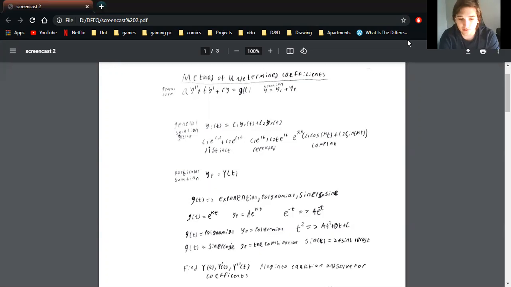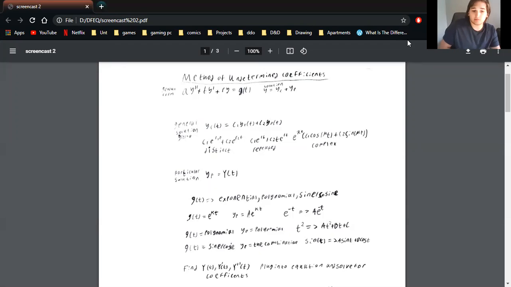If you have an exponential of the form e to the power of kt, you would get yp equals ae to the power of kt. For example, if you have e to the power of negative t, you get ae to the power of negative t. If your g of t is a polynomial, your yp will be the general form of a polynomial. For example, if you have t squared, you have at squared plus bt plus c.